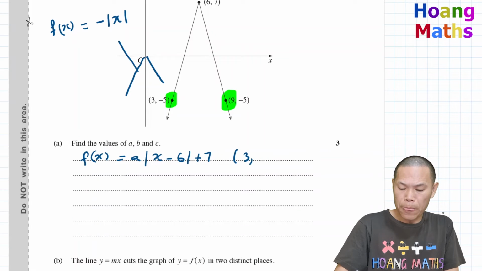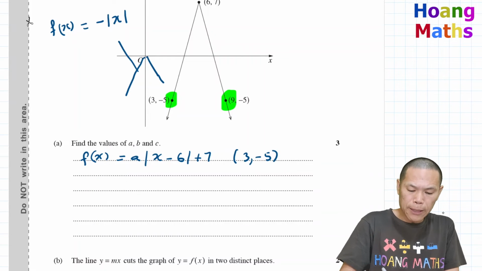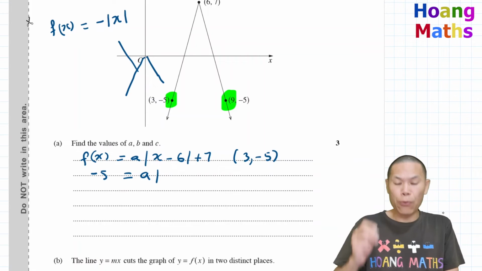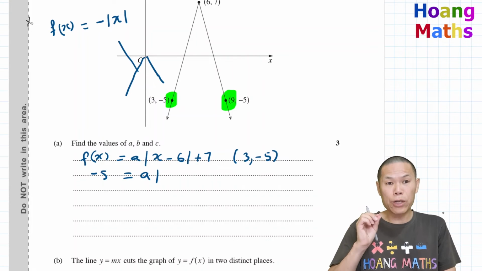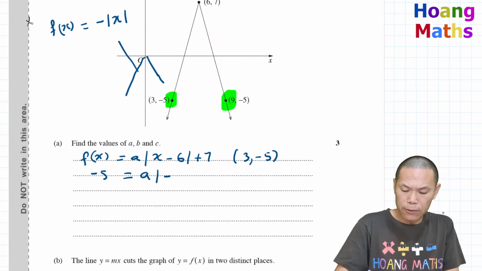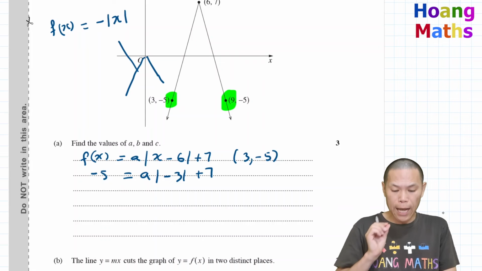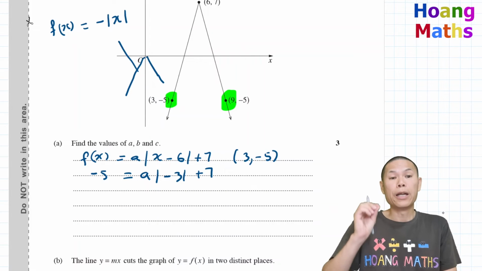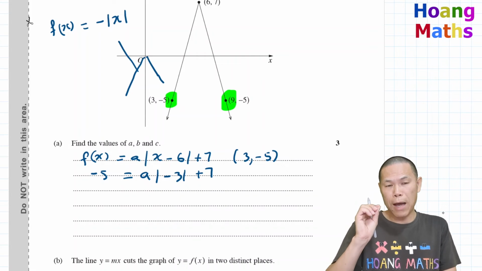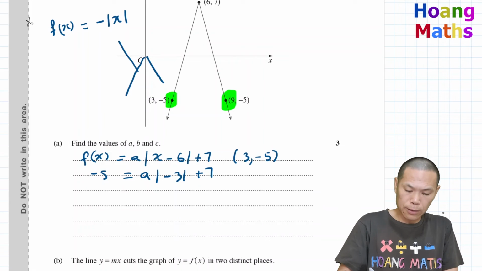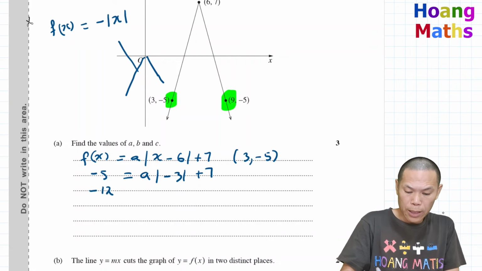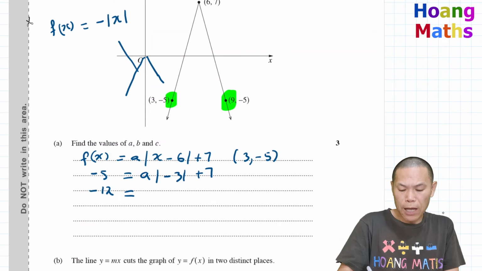So -5 equals A times the absolute value of 3 minus 6, which gives you -3, plus 7. I move 7 to this side, which gives me -12, because -5 minus 7 is -12. The absolute value of -3 gives 3, so 3A.